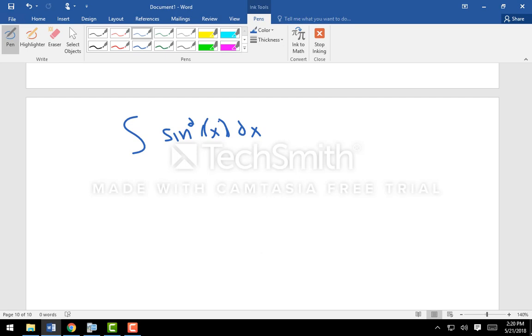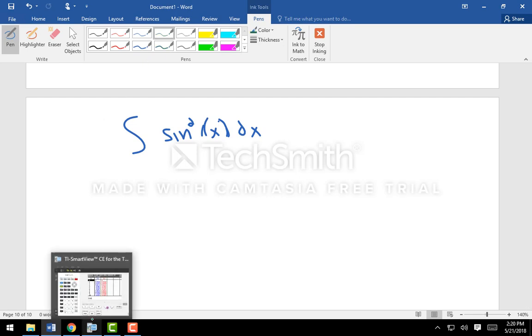So here's what the strategy is in this scenario. We're going to use what we call the double angle identity. Just as a reminder, if we have a trig function to an even power, so basically sine squared and cosine squared. Now granted, sine squared is 1 minus cosine squared.